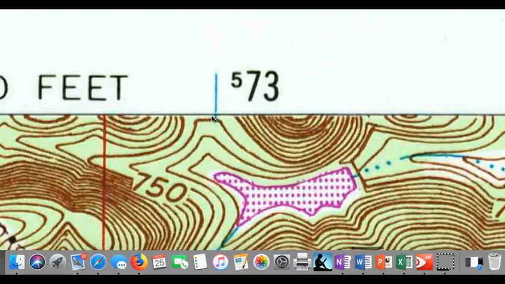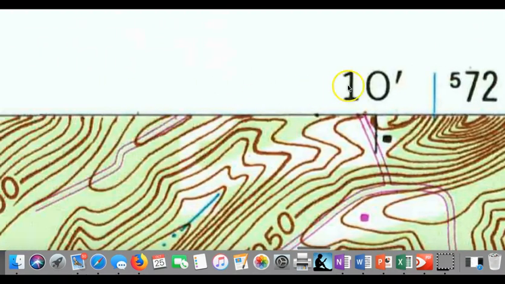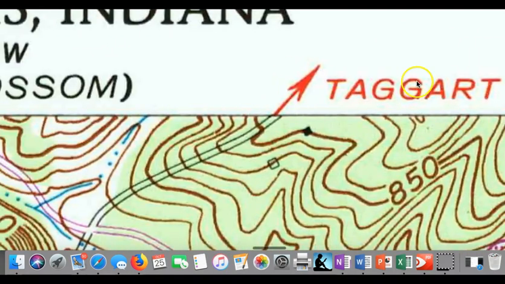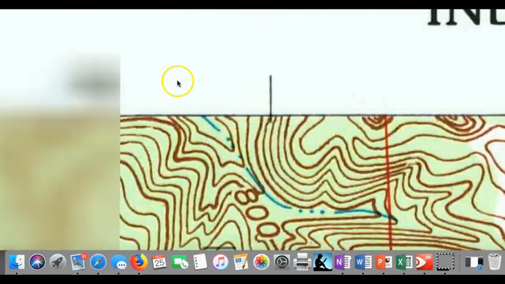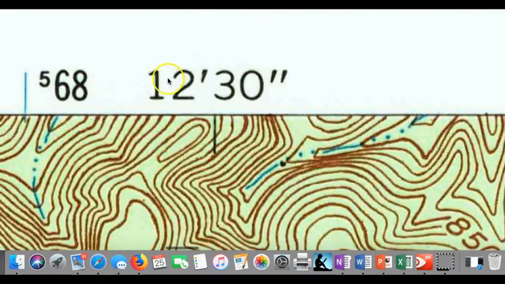And if I go along further, you saw 10, and again 00 is implied. If I go along further, I'll see 12:30. As you see here, still 86 degrees, 12 minutes and 30 seconds.